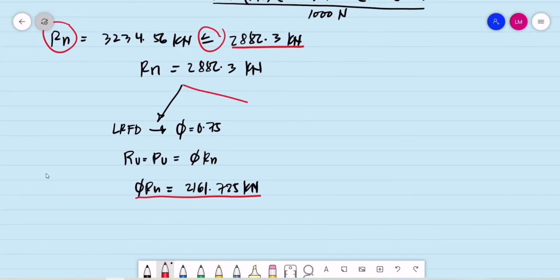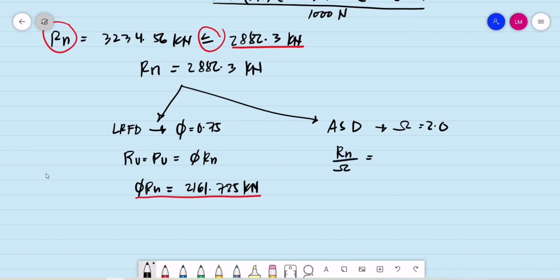And then we have ASD. We have the factor of safety is equal to 2.0. So let's say this is the Rn divided by the omega, or the factor of safety. That is 2,882.3 kilonewtons divided by 2.